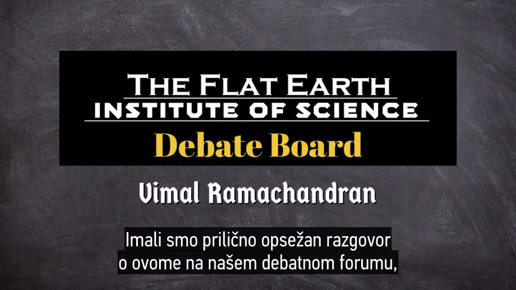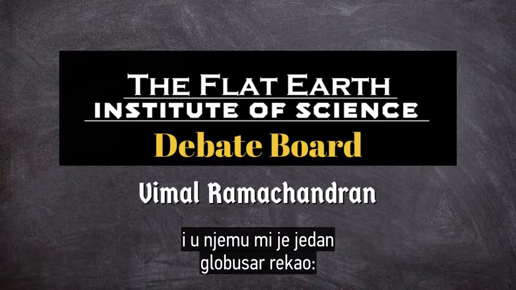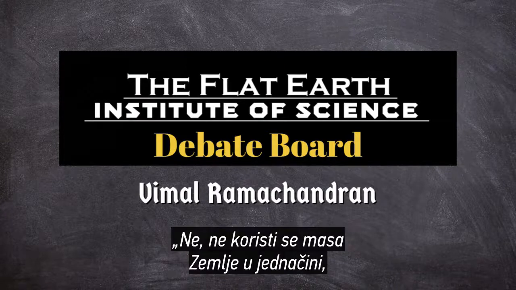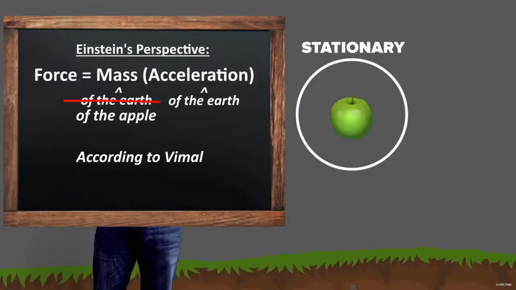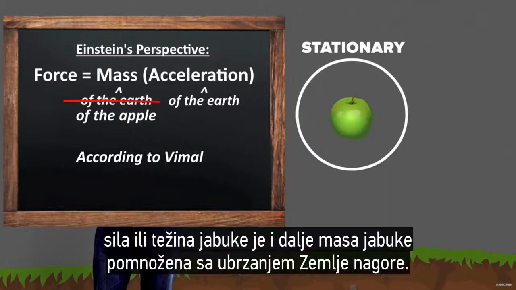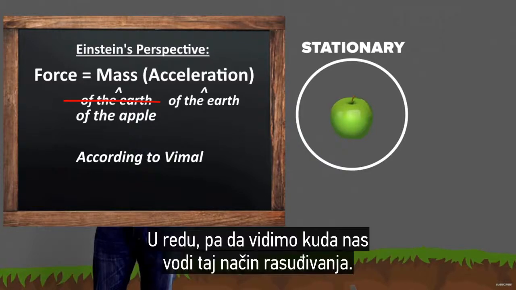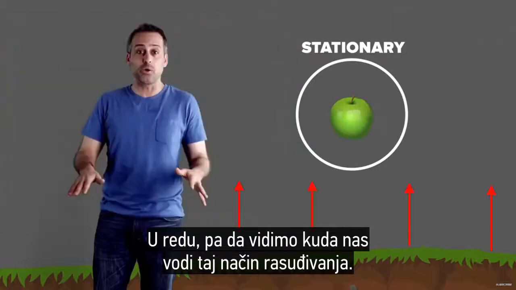We've had a pretty extensive conversation about this on our debate board, and in it, one globe earther told me, no, it's not the mass of the Earth that you use in the equation. You still use the mass of the apple. In Einstein's view, the force or weight of the apple is still the mass of the apple times the upward acceleration of the Earth. Alright, so let's see where that line of reasoning takes us.